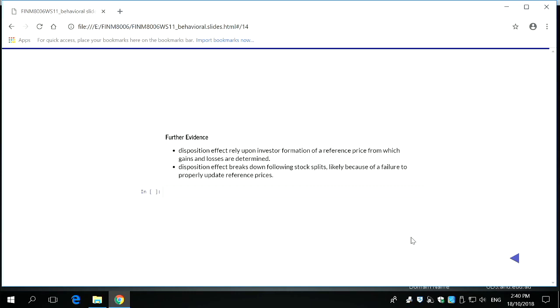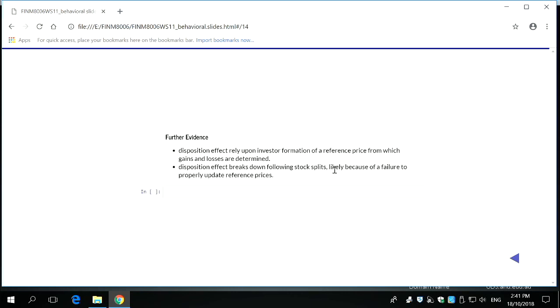So if you look around the stock splits, the disposition effect breaks down. Right? You no longer observe that people sell more when there's a price gain, and sell less when there's a price loss.